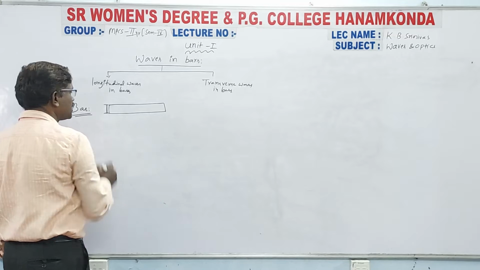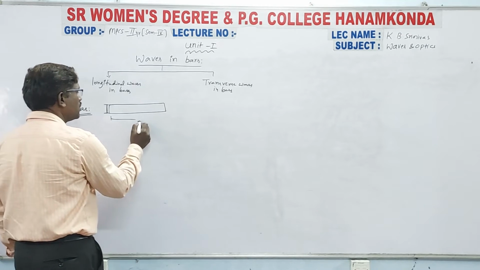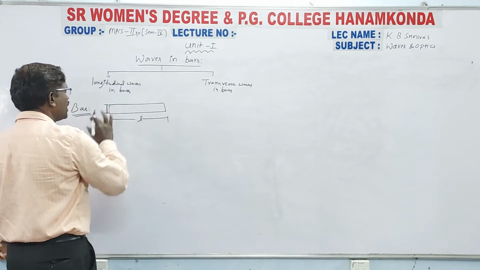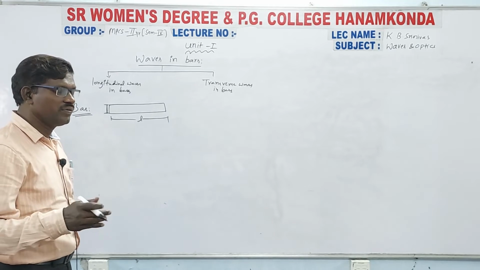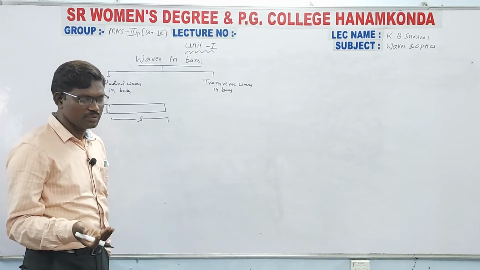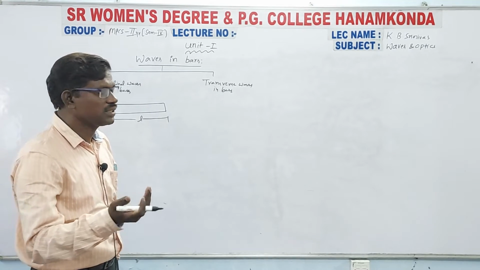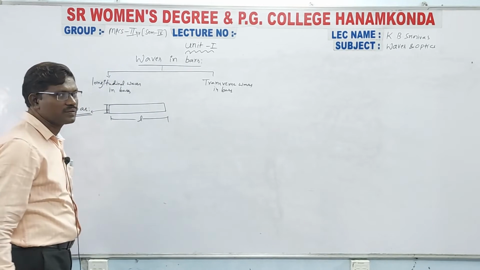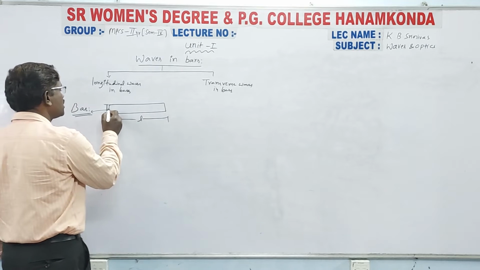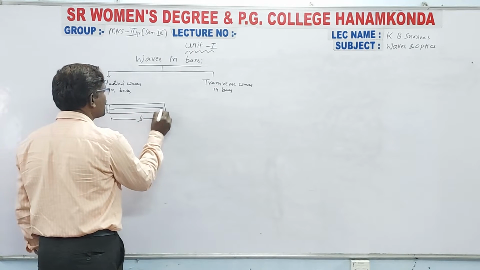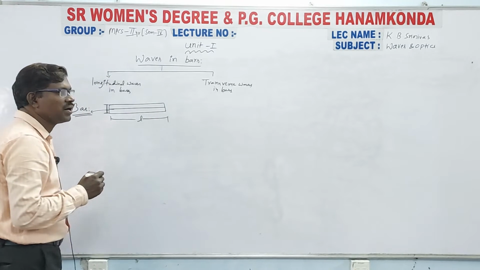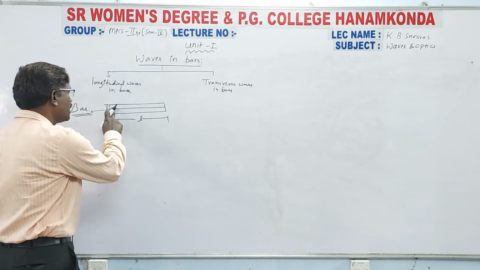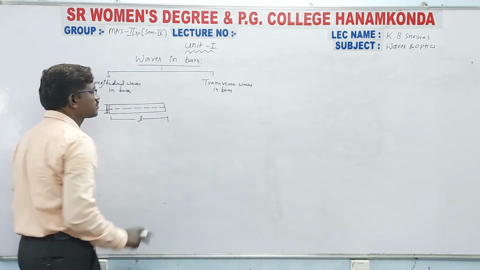That is taken as a bar. And the line passing through the center of the bar is known as the axis of the bar.